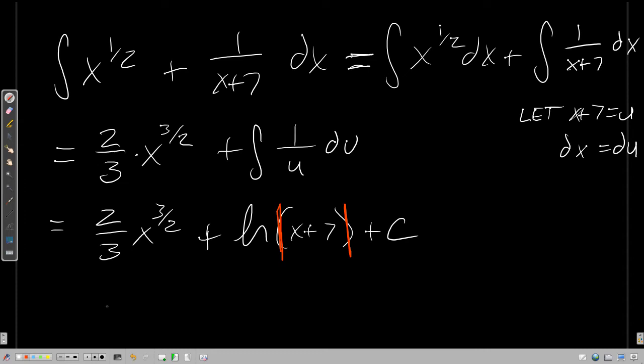It's not just natural log of u, it's natural log absolute value of u. So in other words, the rule is that the integral of 1 over something integrates to the natural log of the absolute value of that something, because the natural log cannot accept a negative argument and still be a real number.